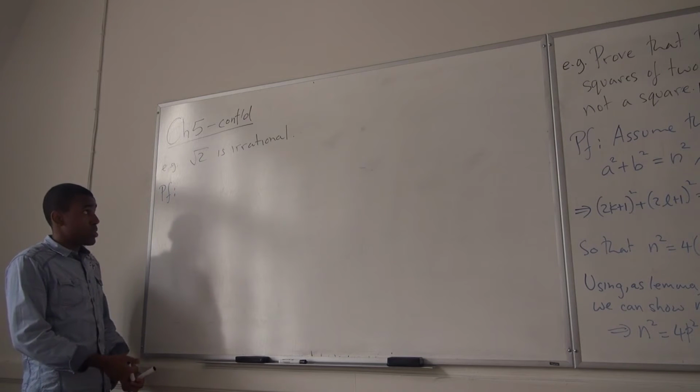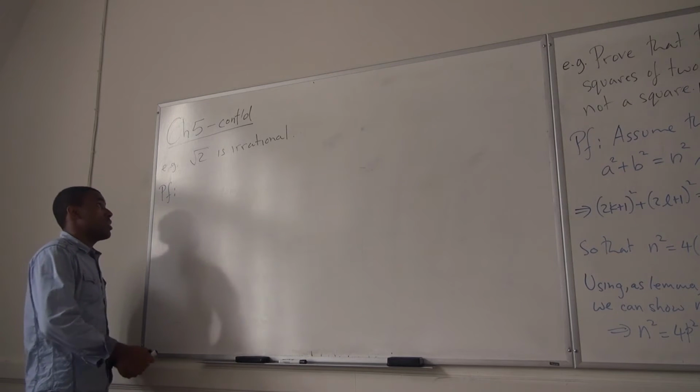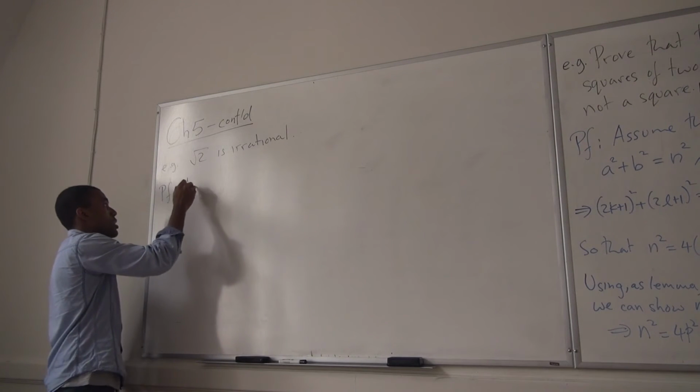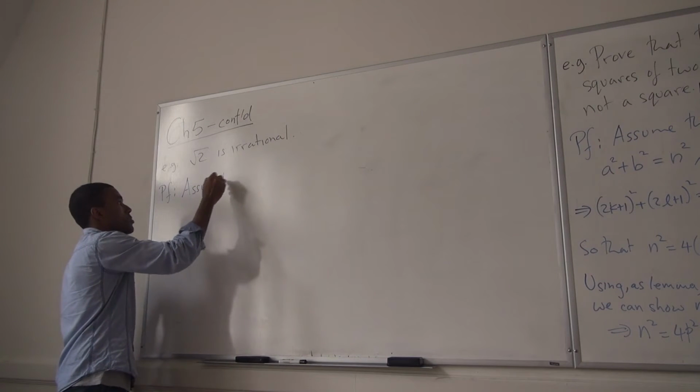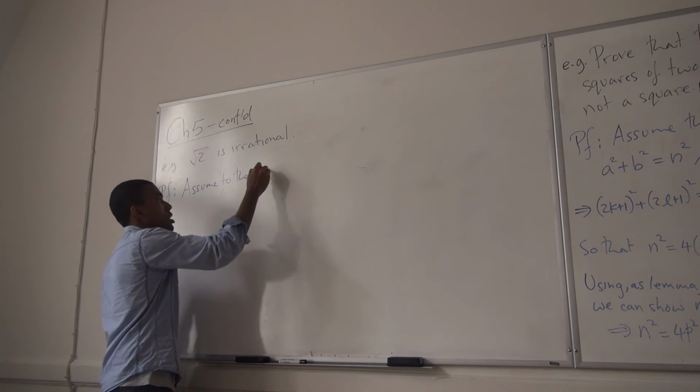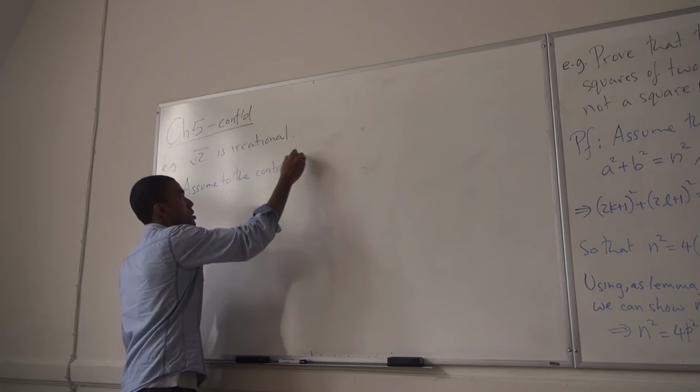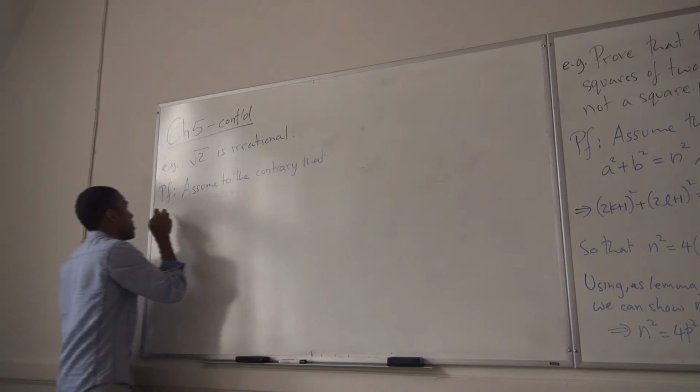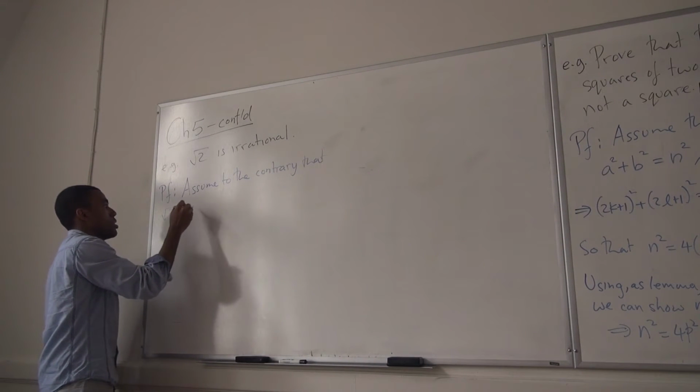So a very famous way to prove this is by contradiction, and it goes something like this. Assume to the contrary that square root of 2 is rational.